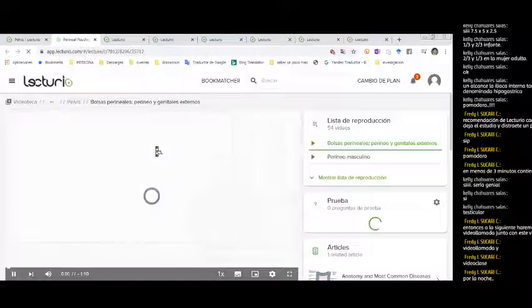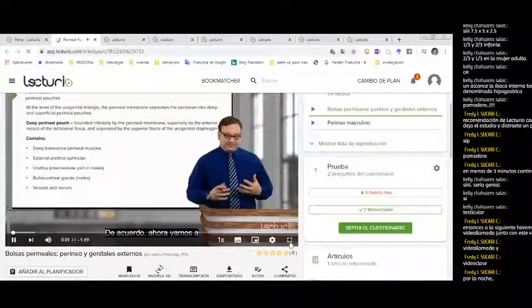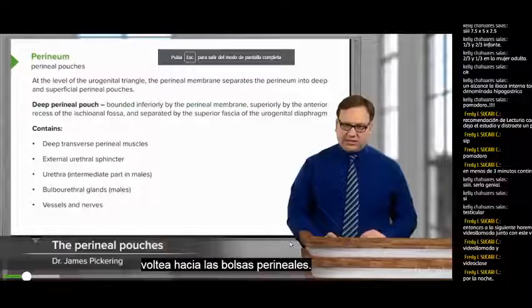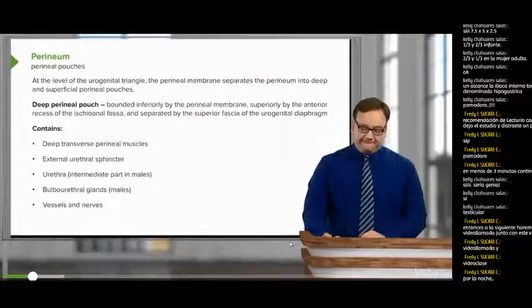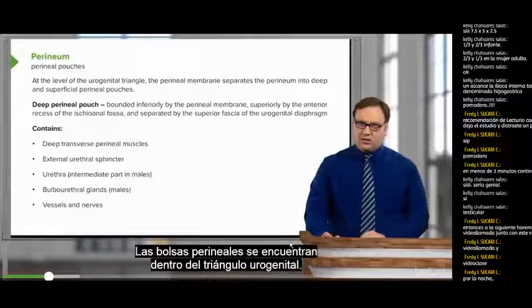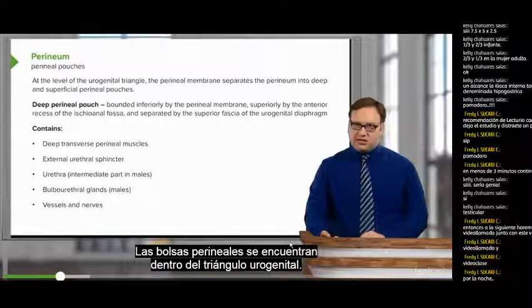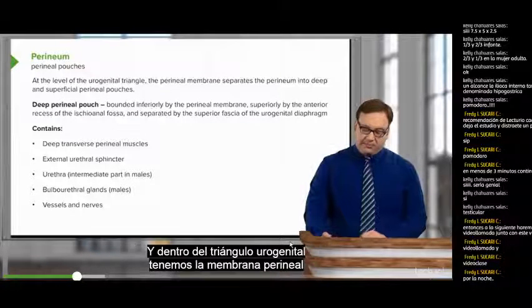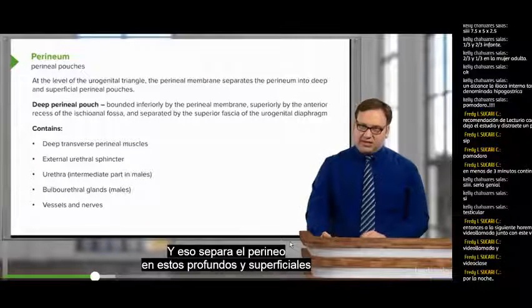Bolsas perineales. So now let's turn to the perineal pouches. The perineal pouches are found within the urogenital triangle. And within the urogenital triangle, we have the perineal membrane, and that separates the perineum into these deep and superficial perineal pouches.